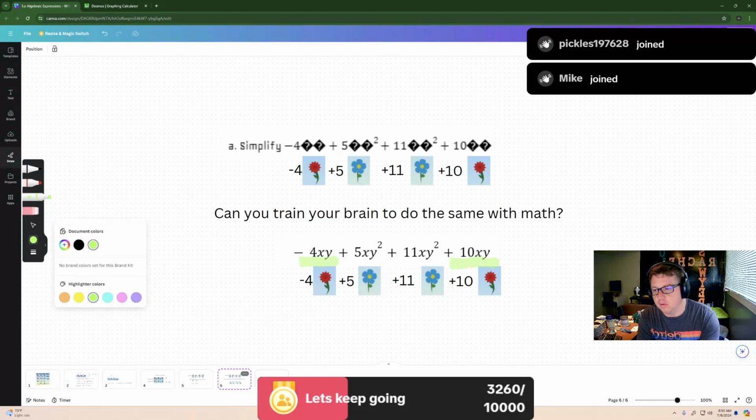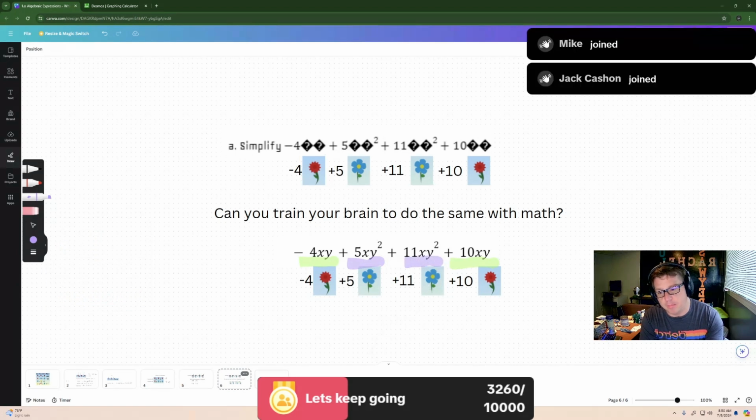And then the same thing goes for this one, 5xy squared, 11xy squared, and combine those two ideas together. Okay, and that's where we get that final answer. So when we simplify this, we're going to do 10, take away 4, and get that 6xy, and then 11 plus 5 to get 16xy squared.